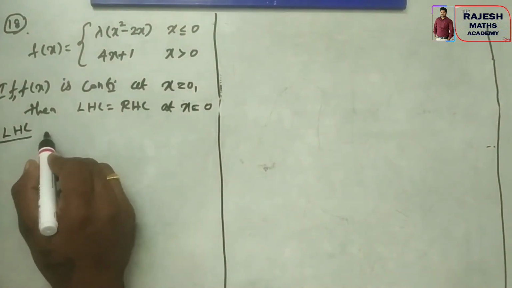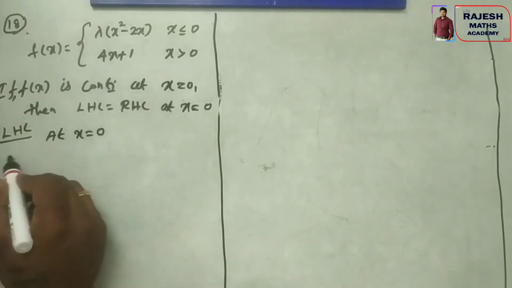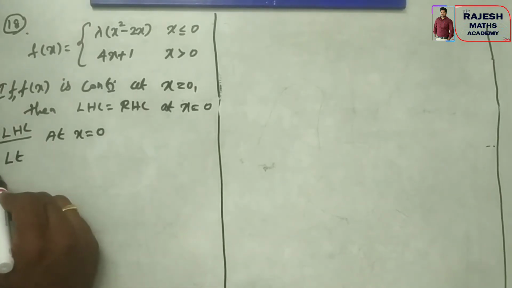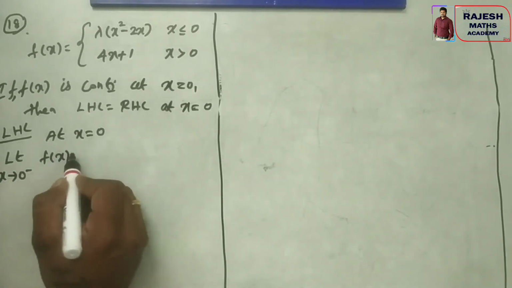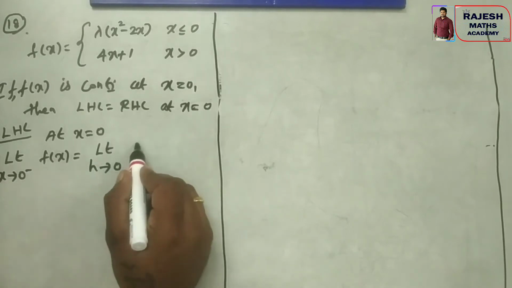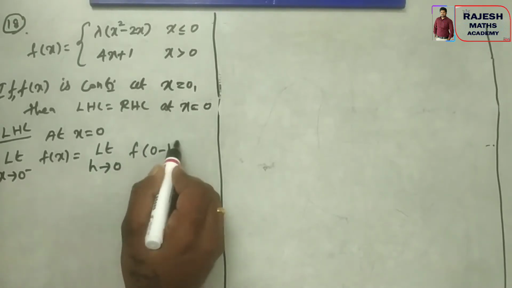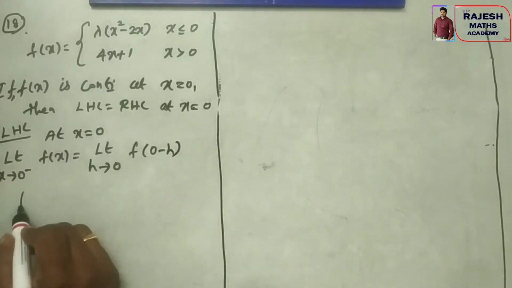What is LHL at the point x equal to 0? Write the definition of LHL: limit x tends to 0 minus f of x equals limit h tends to 0 f of 0 minus h.